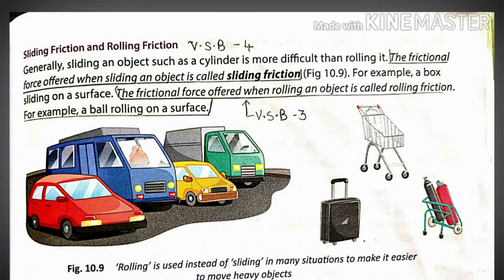The frictional force offered when rolling an object is known as rolling friction. For example, a ball rolling on the surface. Next, fourth answer is also there only on the top. See the first line. The frictional force offered when sliding an object is called sliding friction.